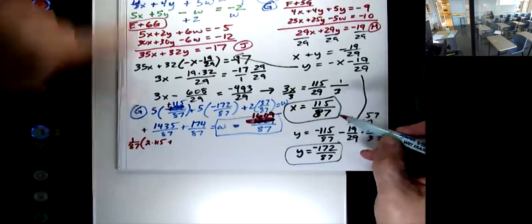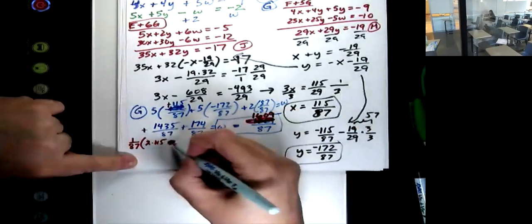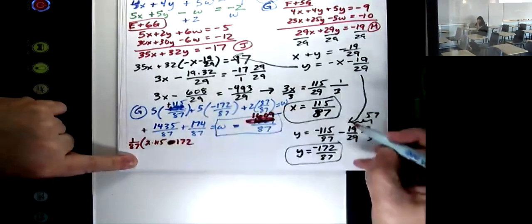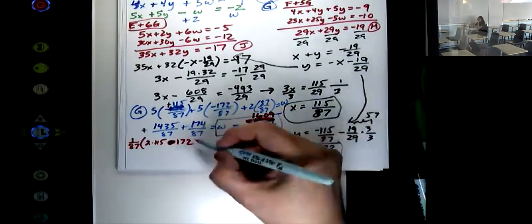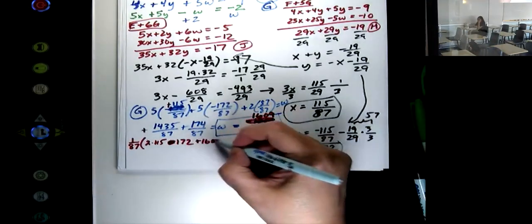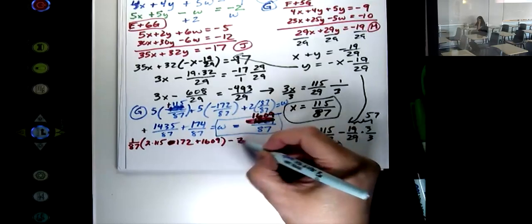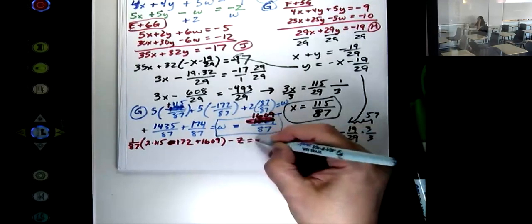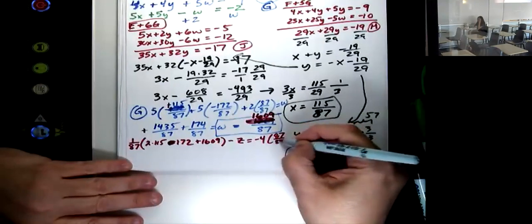Then I got plus y, which is negative 172. And then I've got plus w is the plus 1609. And then I got minus z equals negative 4. We'll probably have to do that as 87 over 87.